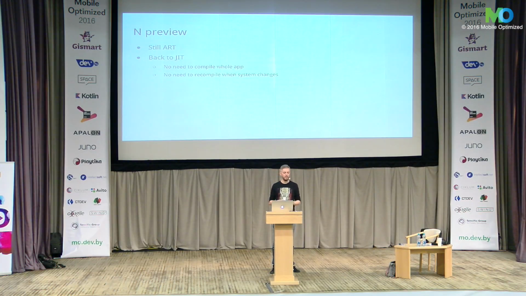Another thing is that when you update your system, you don't have to recompile all the apps because Android is a Linux. Your application is using, let's say, SQLite or libSSL. And every time you are updating Android and those libraries, you have to recompile your native code. So that's why there was this optimizing app screen every time you were upgrading your Android.